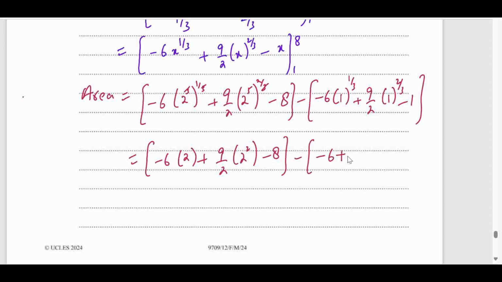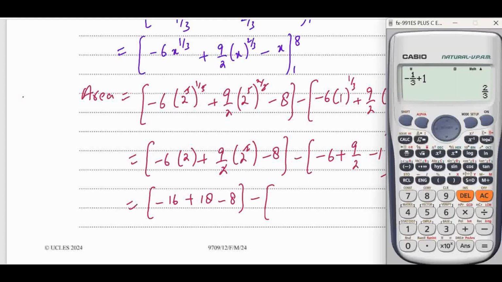Minus 6 plus 9 by 2 minus 1, and then this will be minus 12 plus 18 minus 8, minus, this will be minus 6 minus 9 by 2, this one is plus 9 by 2, and then we will have minus 1.